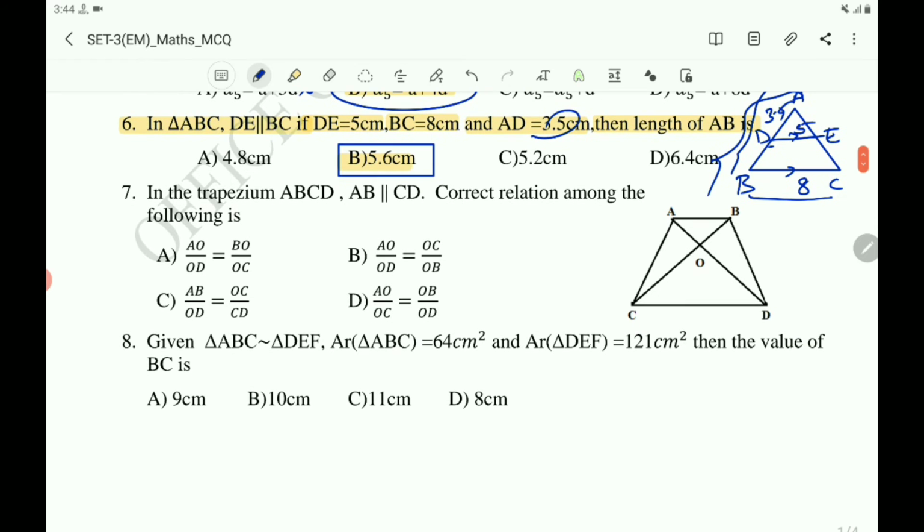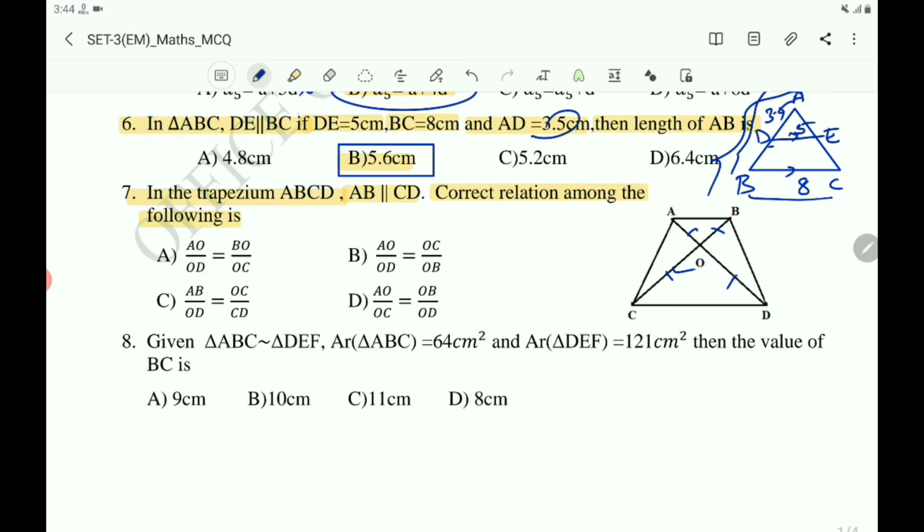Then you take the 7th question. In the trapezium ABCD, AB parallel to CD, the correct relation among the following is. Here AO by OD equals BO by OC is given. Yes, it is the correct relation. And AO by OD equals OC by OB is wrong here.